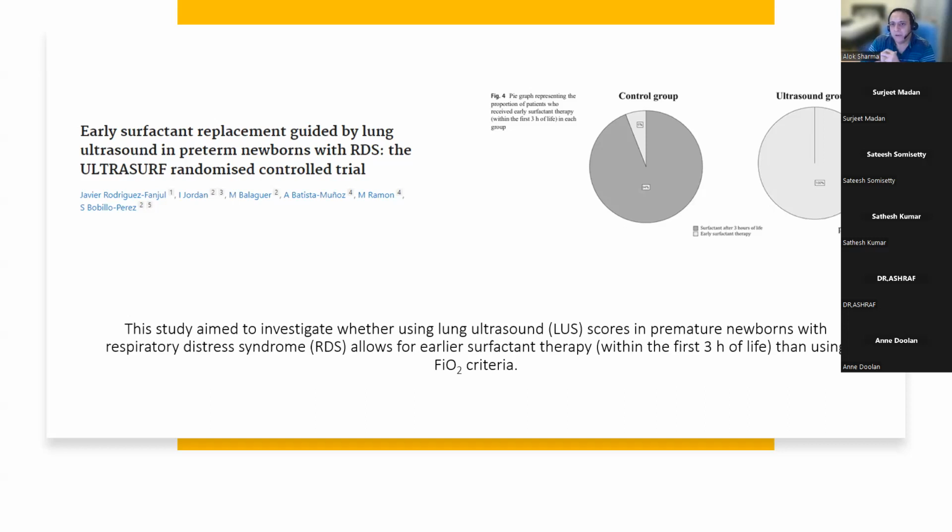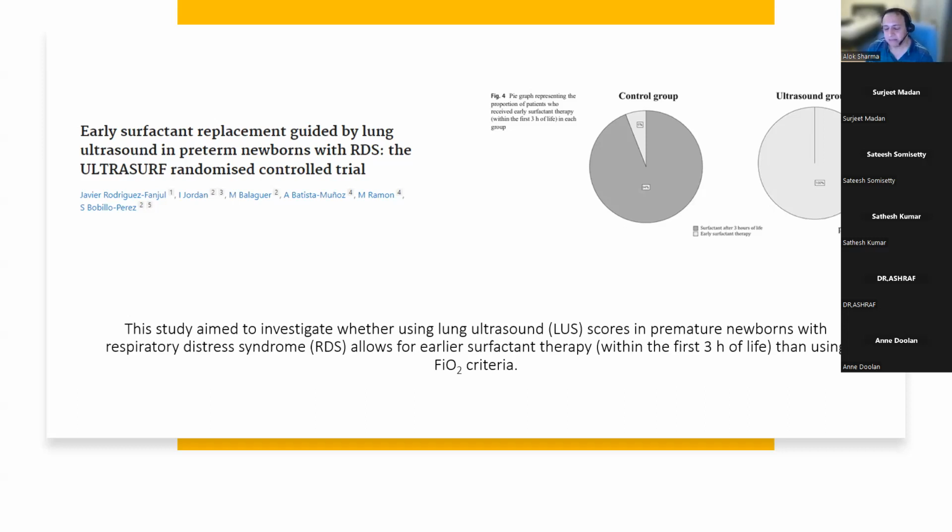The only challenge from our perspective is that early on in RDS, and especially with the milder cases, for babies, say, who might be steroided at 28 to 32 weeks, they may not develop consolidations because you don't have established hyaline membrane disease. But those are babies who may go on to develop hyaline membrane disease later on and may miss the window for surfactant.